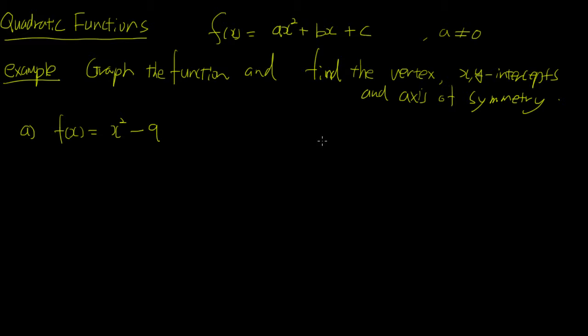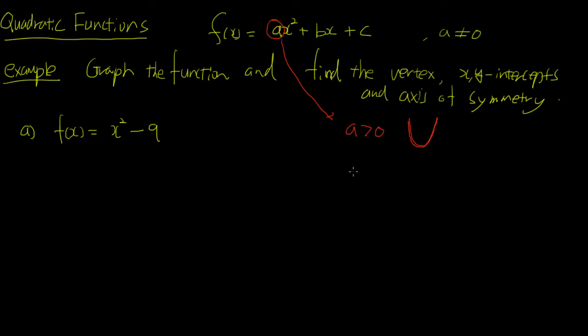One more thing I like to mention: if this a is bigger than 0, which is a positive number, then the graph is going to be U-shaped upward like this.